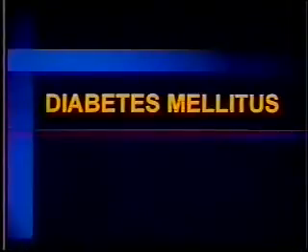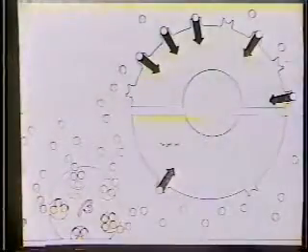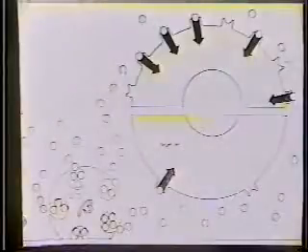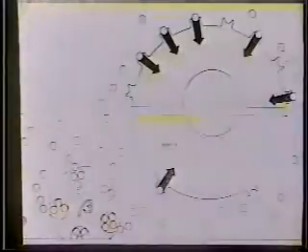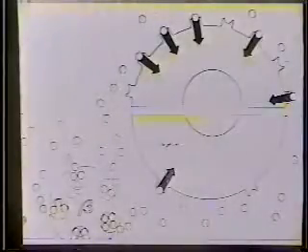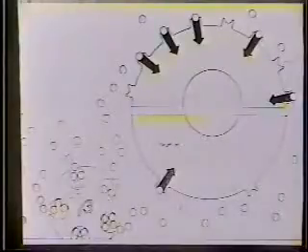Okay, we're going to start off with diabetes mellitus. As shown on this illustration, the body will produce insulin from the beta cells in the islets of Langerhans, which is shown at the lower left corner.